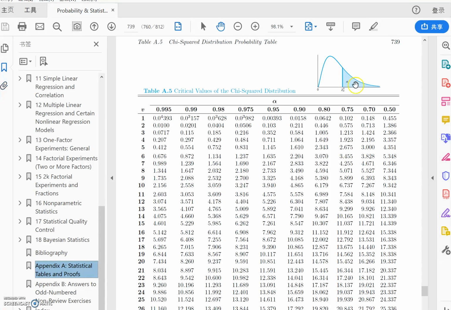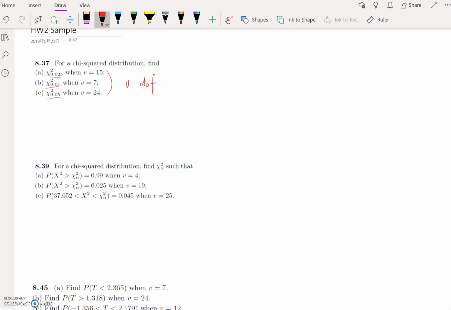Here we can see the alpha value is in fact the right area under the curve. It's different from the normal distribution, where the table gives the left part under the curve. Let's find out how to solve these problems.